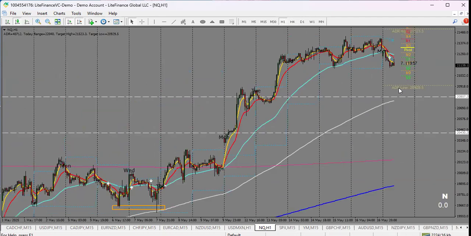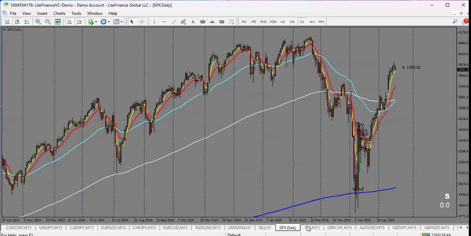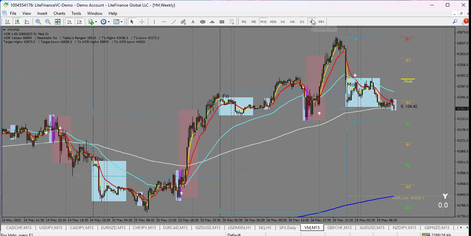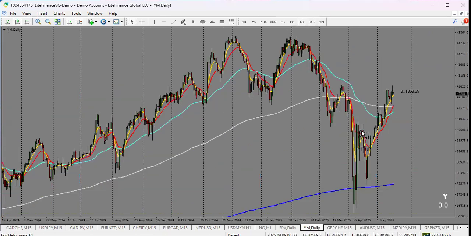So our work is to observe areas where it would only retrace, form a support, and then continue up. So I'm talking of NASDAQ, S&P 500, and also the US 30, so the Dow Jones Industrial Average. So all these American indices have actually gained momentum to our bullish market structure. So that is what I advise on them.